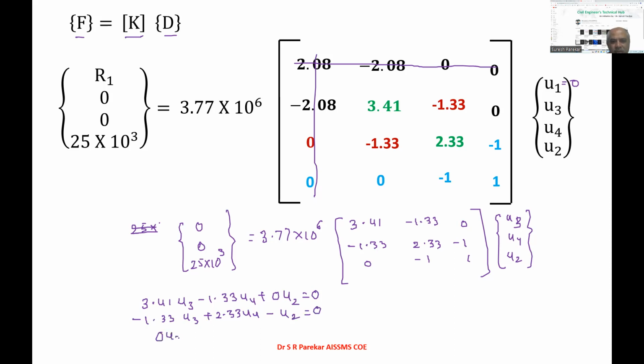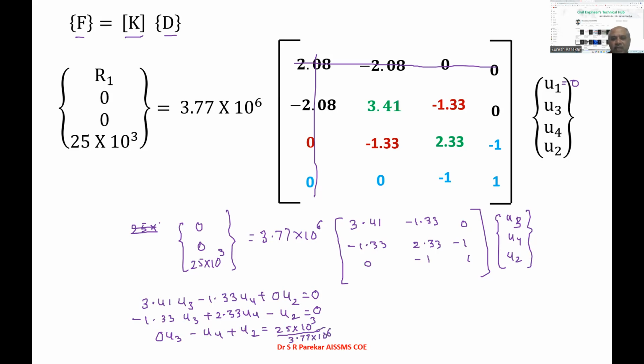Then 0 U3 minus U4 plus U2 equal to 25 into 10 raised to 3 divided by 3.77 into 10 raised to 6.